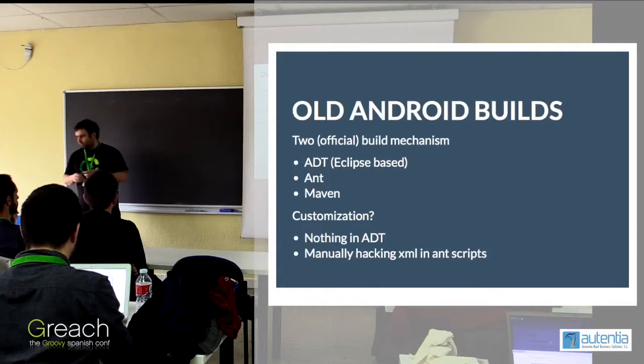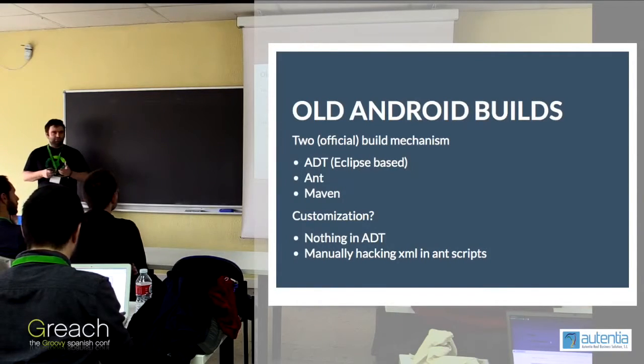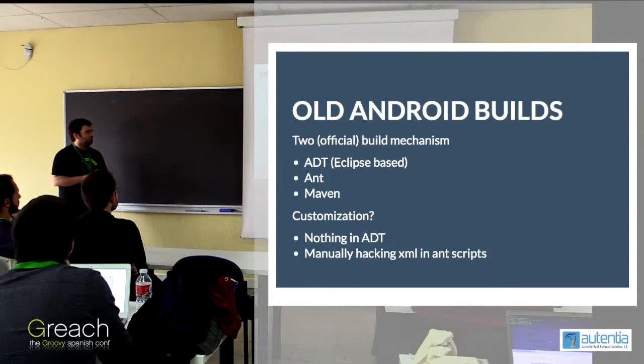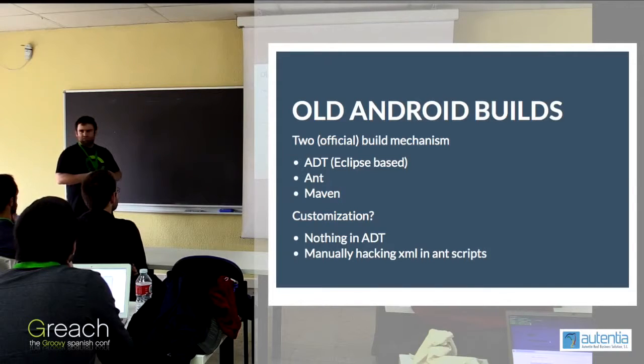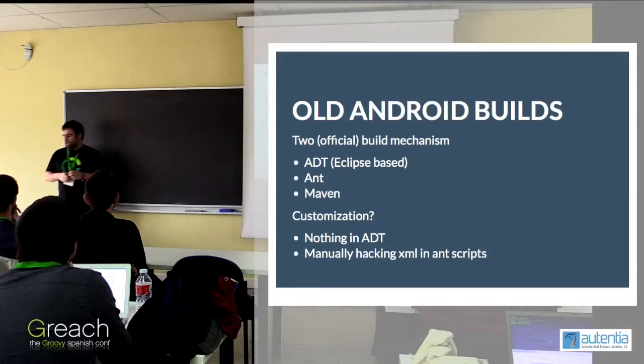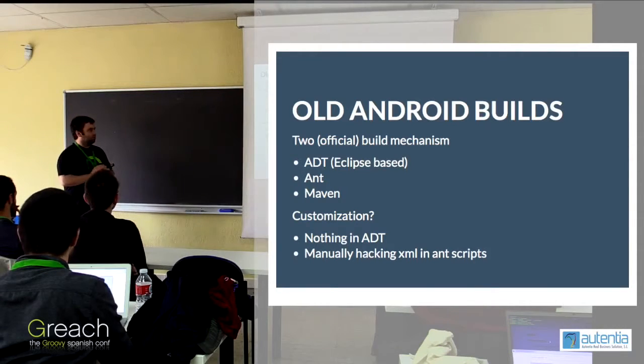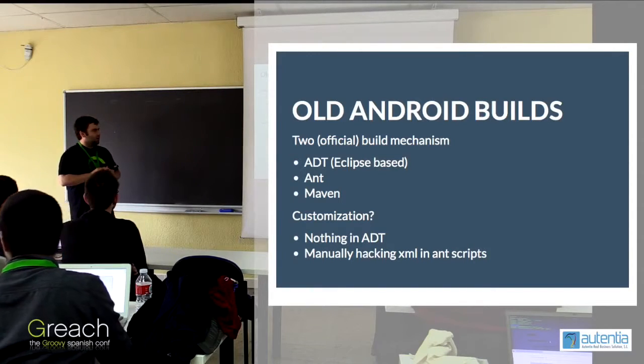In the former days, we had 2 official build mechanisms provided by the Google guys. One was the Eclipse-based ADT, the Android Development Toolkit, and there was Ant support, and there was a pretty successful, but not official, Maven plugin for building Android apps, which was really broadly used as far as I can see.